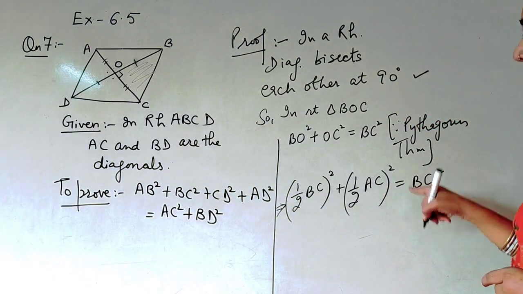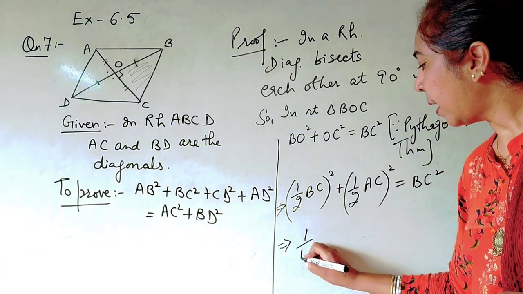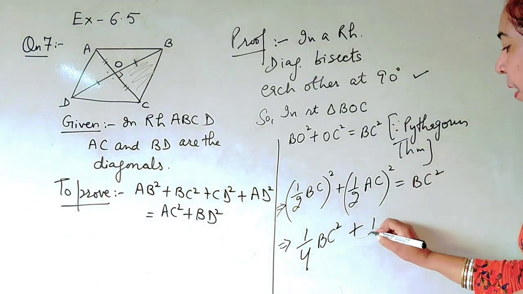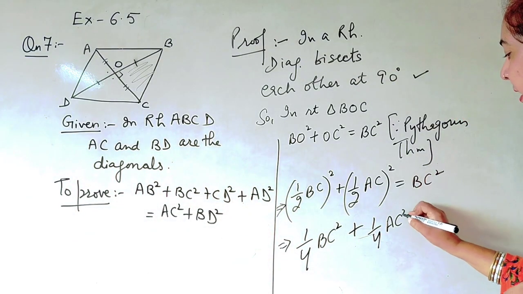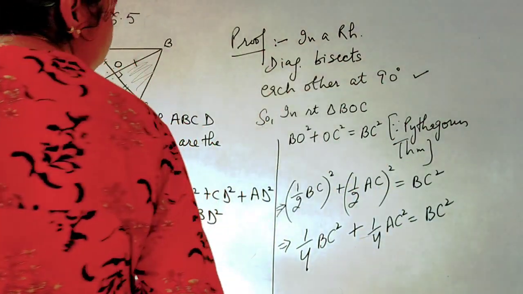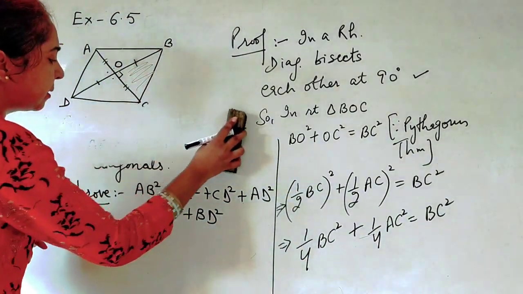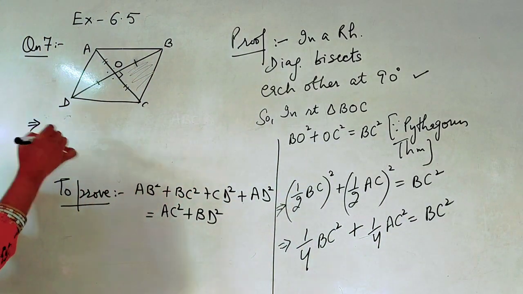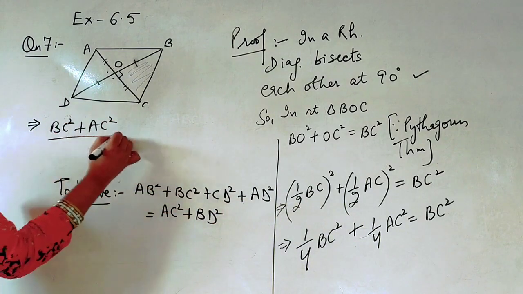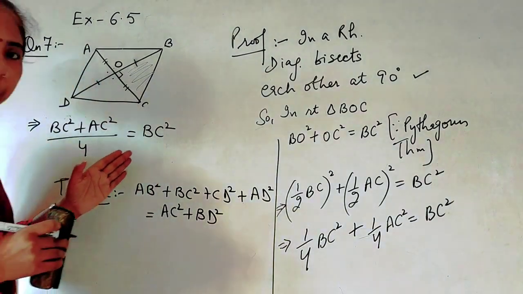There will be no change. Now, 1 by 2 whole square means 1 by 4 BD square. Similarly, this will be 1 by 4 AC square, and it is equal to BC square. Now what we have to do? We have to take the LCM here and we get BD square plus AC square by 4 equal to BC square. Am I right?